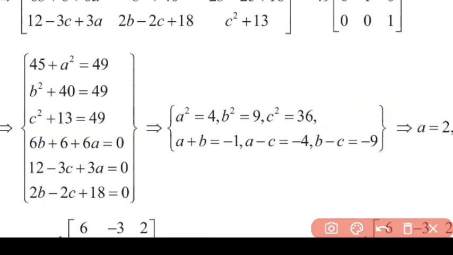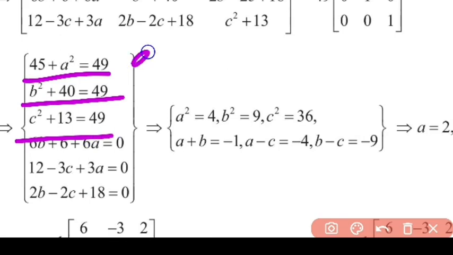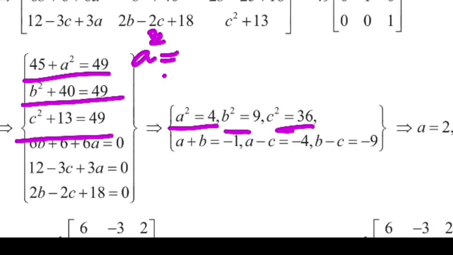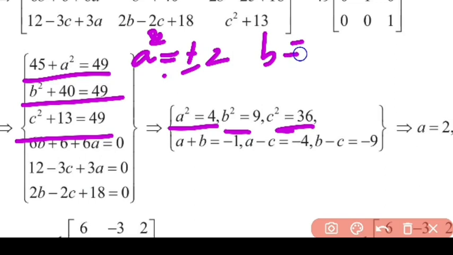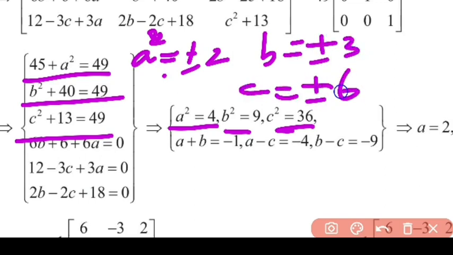So again I tell you how to find the a, b, c values. I take the first three equations, and from them I found the a square, b square, c square values. a square equals 4 means a equals plus or minus 2, b equals plus or minus 3, c equals plus or minus 6.